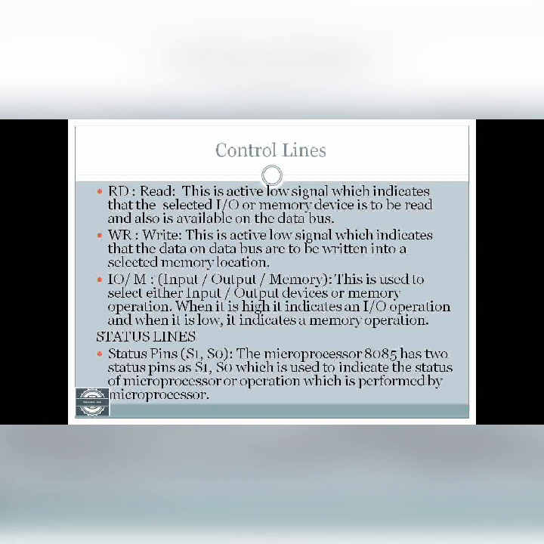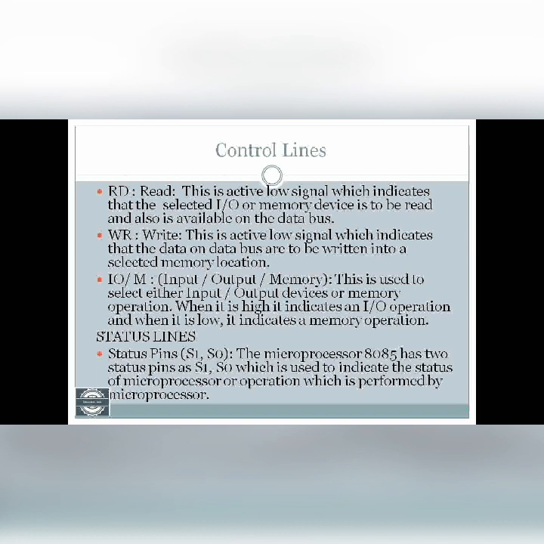Now the control lines or control buses. Here we will get RD, WR, IO/M. This all means read, write, input/output, memory. By the name you can get the detail of that. And the status lines, that is S1 and S0.